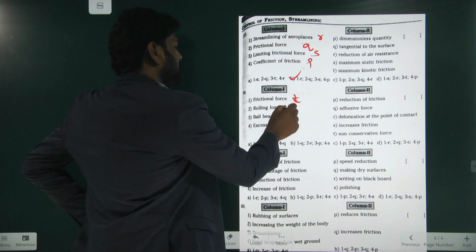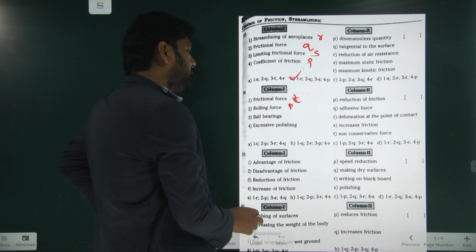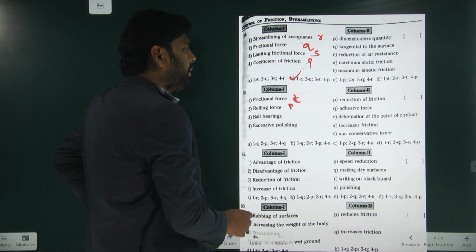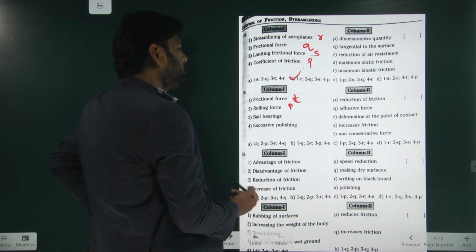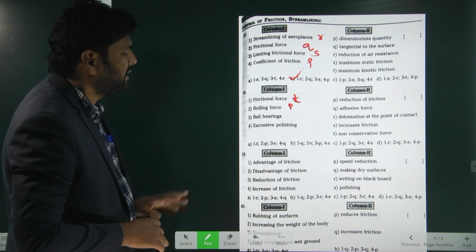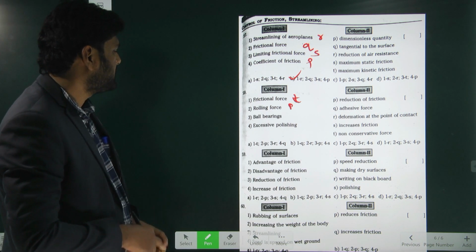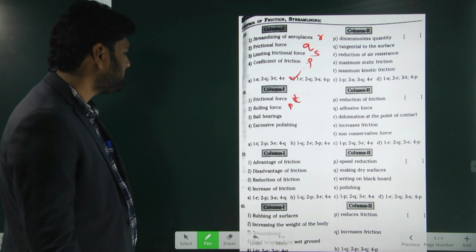That is also not coming. This is TP, ball bearings, deformation at the point of contact. So there is no proper answer we have for this key. Okay. Next, I will go for the 59.